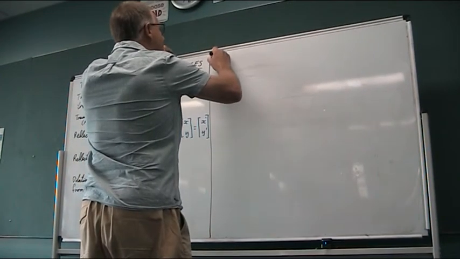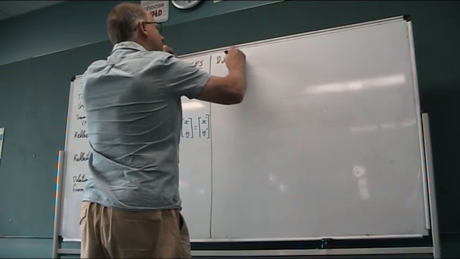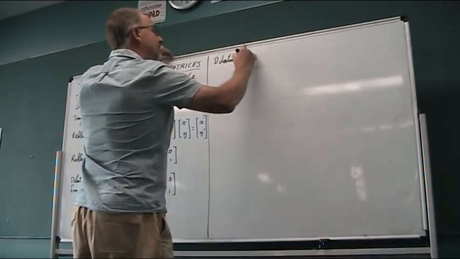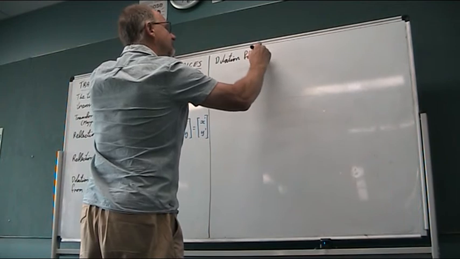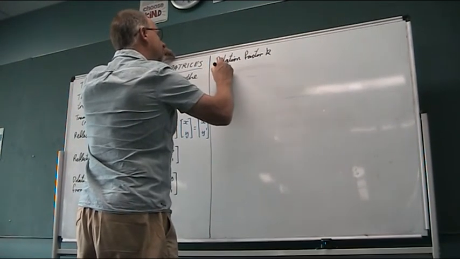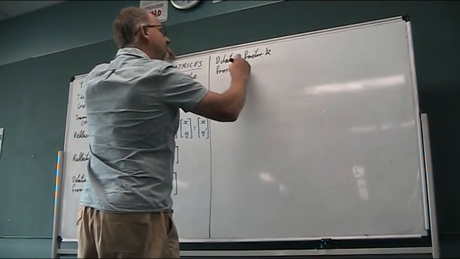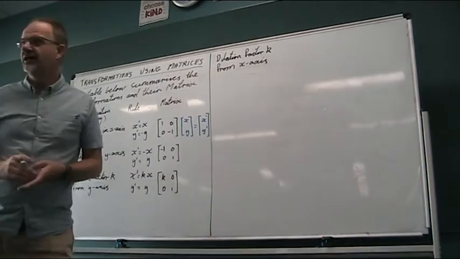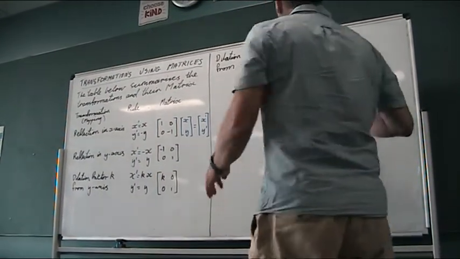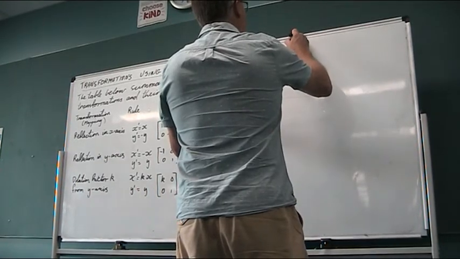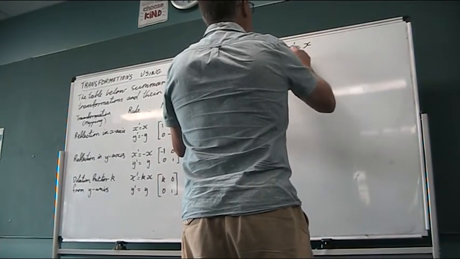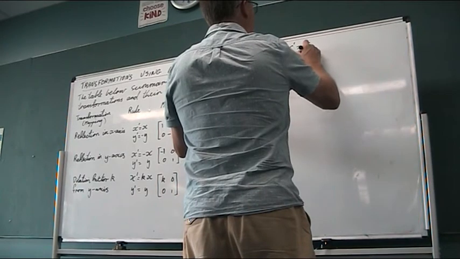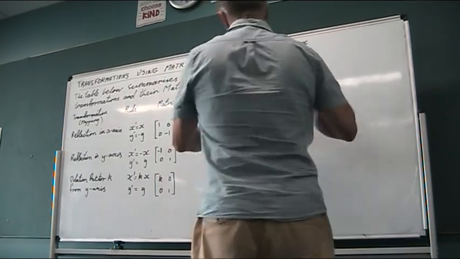Dilation factor k from the x-axis now. What changes? The y. So our image of x is the same, but our image of y is now k times.